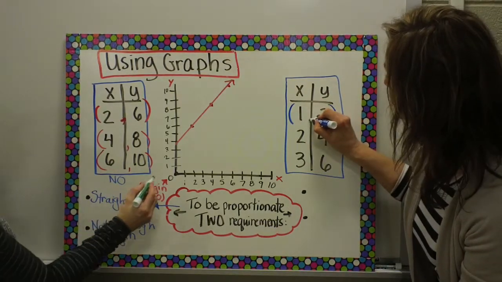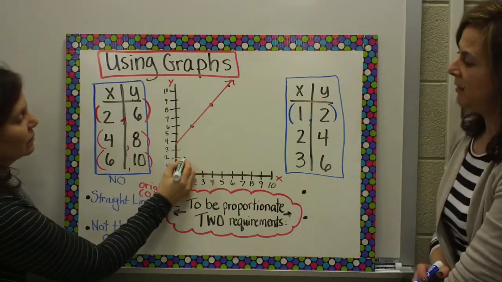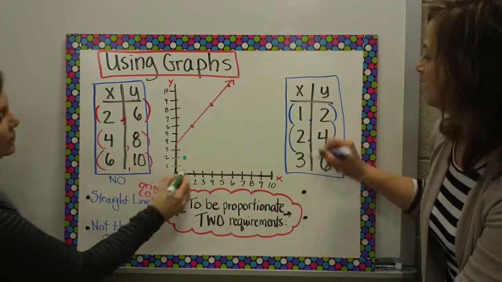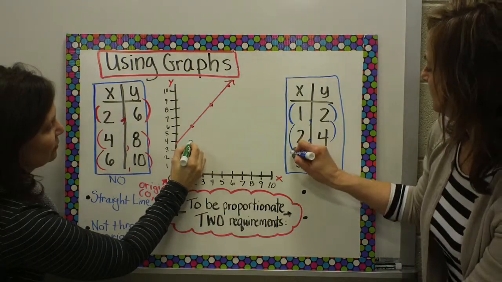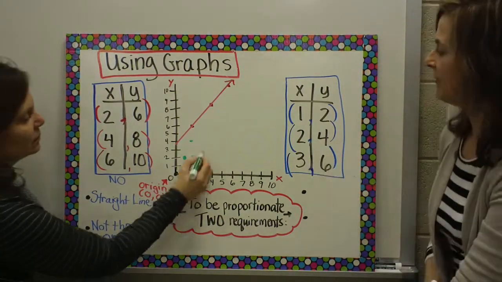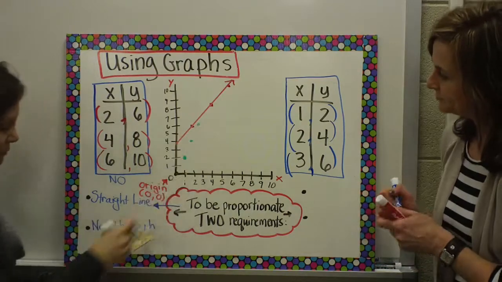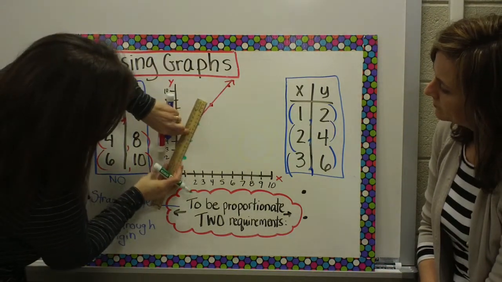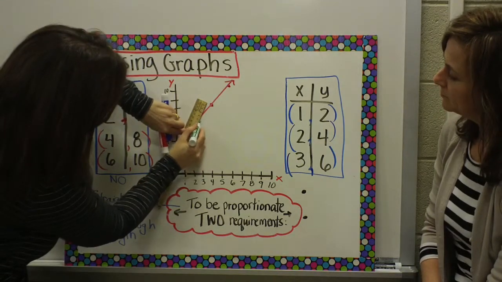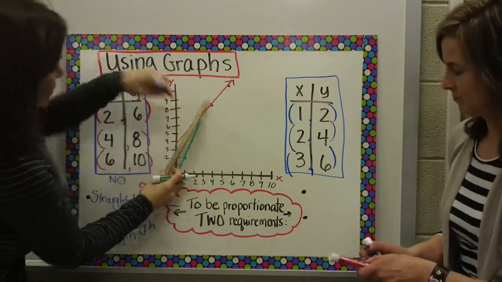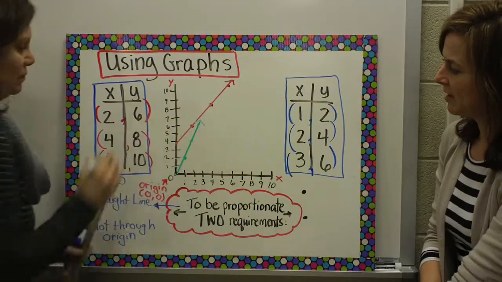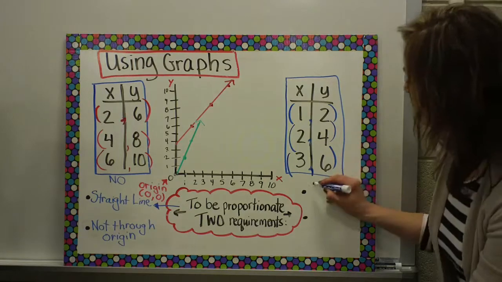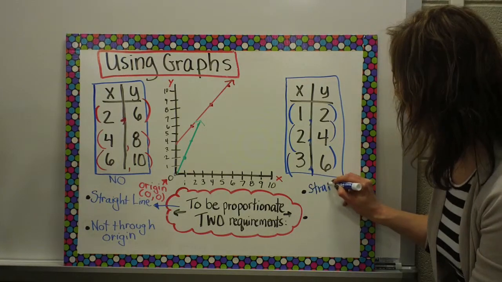So we're going to use a different color, and we're going to plot our points for 1, 2, and 2, 4, and 3, 6. Use my ruler, line them up. All right, so when we take a look at that and do a little analysis, we are noticing first that again we have a straight line.